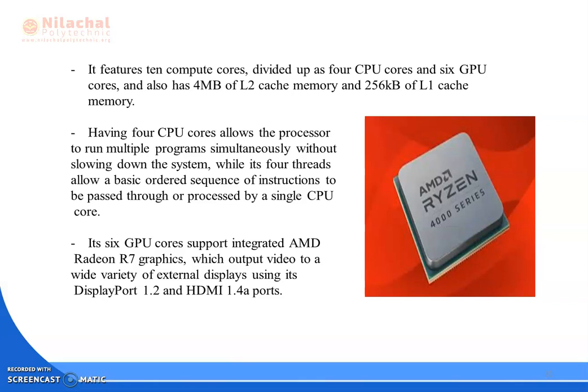And as we have already discussed, with 4 CPU cores it has 6 GPU cores which support integrated AMD graphics, or we can say Radeon R7 graphics, which provides output video to a wide variety of external displays using its display ports, that is 1.2 and 1.4A ports.